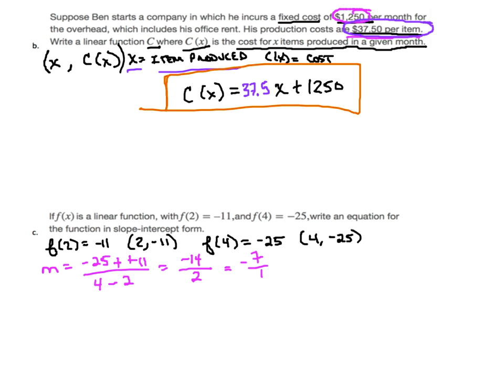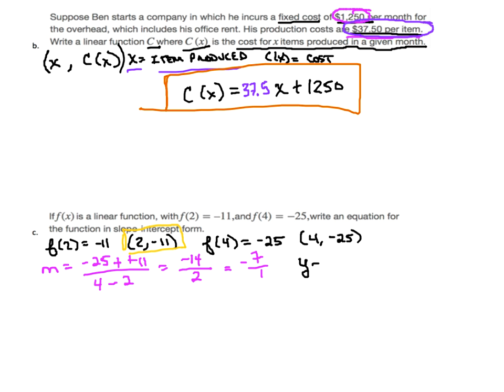It's a negative value. Okay, I start by plugging this into my point slope form. So y minus, well, I need to decide what point I want to use. And I'll use the one with the lower numbers, so I'll use (2, negative 11).